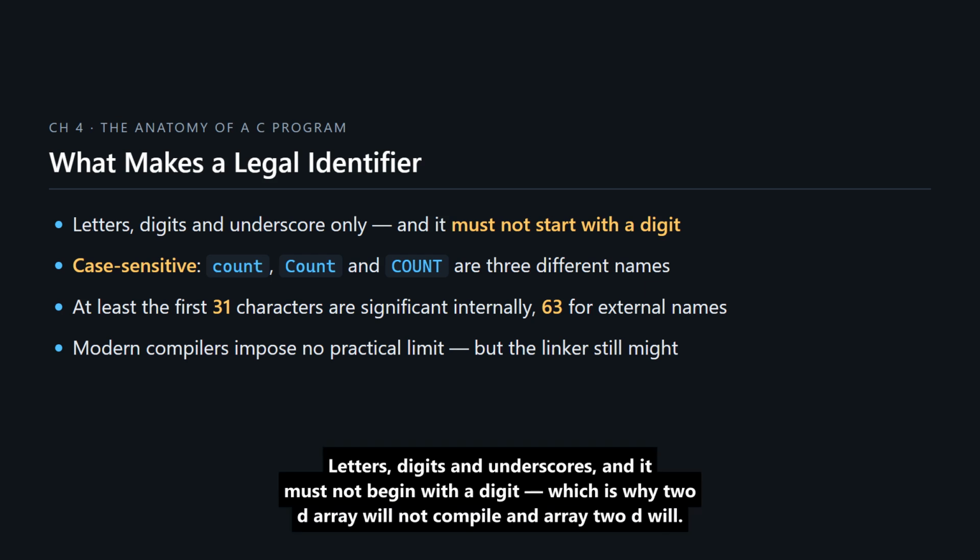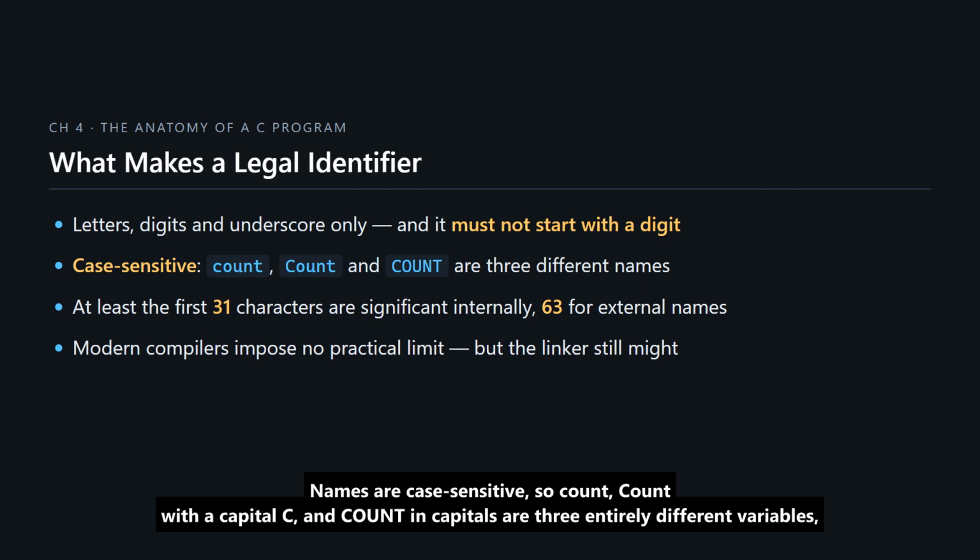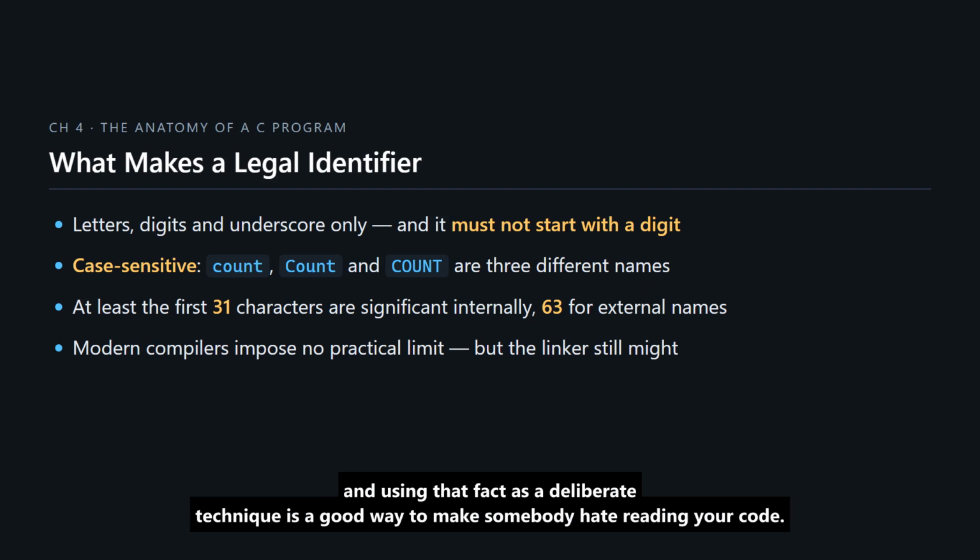Letters, digits and underscores, and it must not begin with a digit, which is why 2D array will not compile and array 2D will. Names are case sensitive, so count with a capital C, and count in capitals are 3 entirely different variables. And using that fact as a deliberate technique is a good way to make somebody hate reading your code.